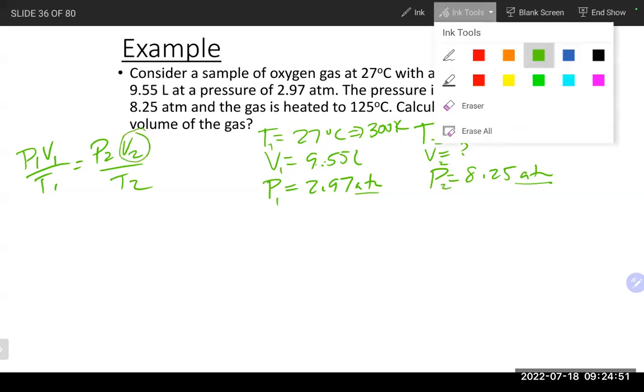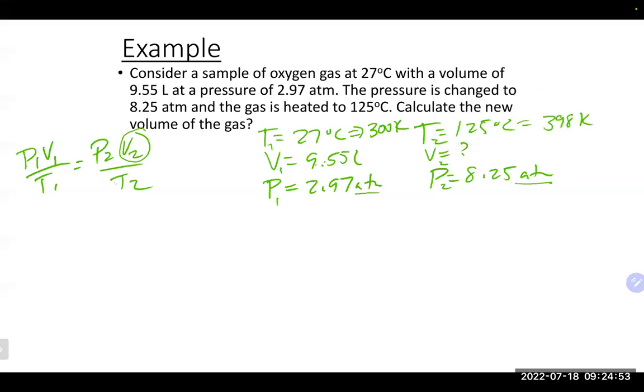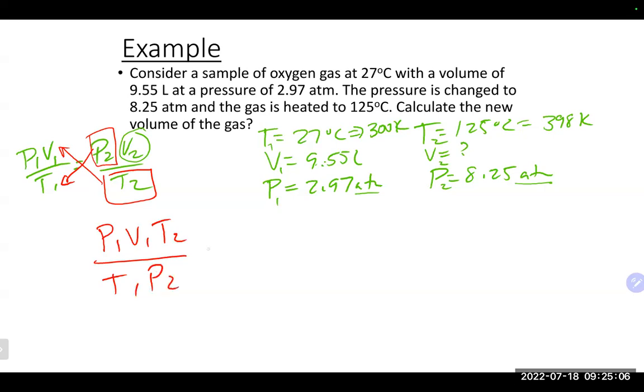Basically, we're just going to move everybody to the other side in opposite locations. So this guy here will go up, this guy here will go down, and that will then get us P1 V1 T2 over T1 P2 is equal to our V2. Put in our numbers in the right spots.